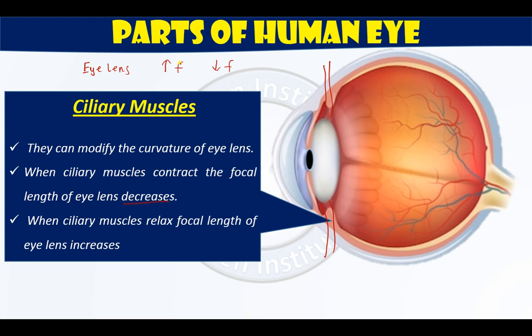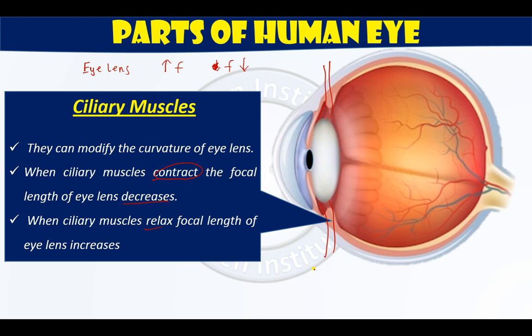So the focal length of the eye lens can be increased or decreased, but that is controlled by whom? Ciliary muscles. If these muscles contract, the focal length will decrease. If muscles relax, the focal length will increase.